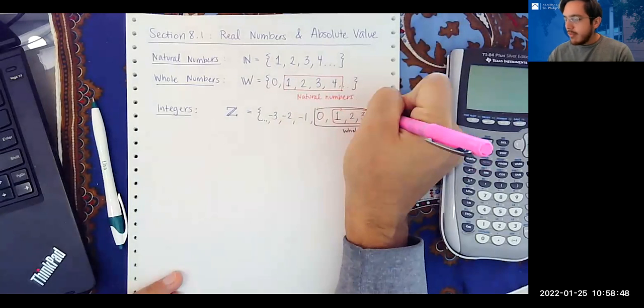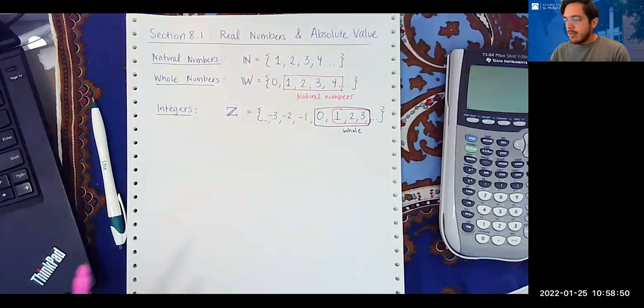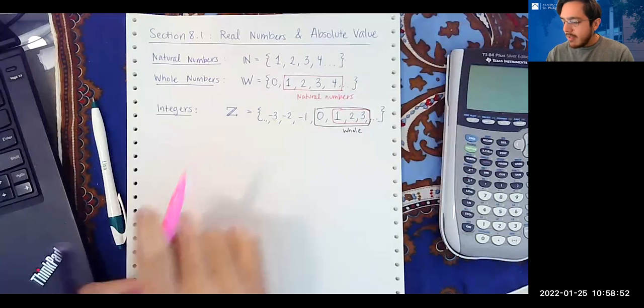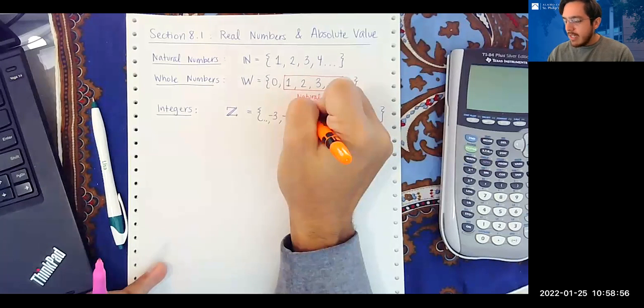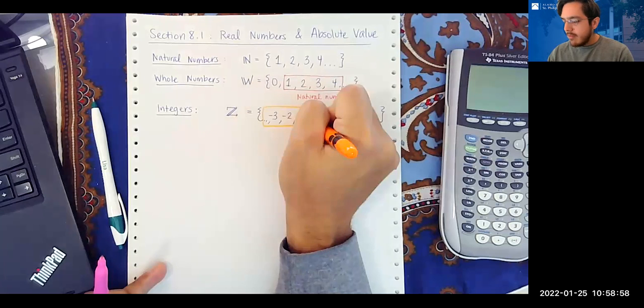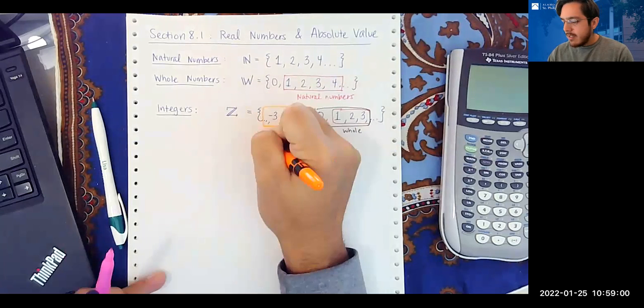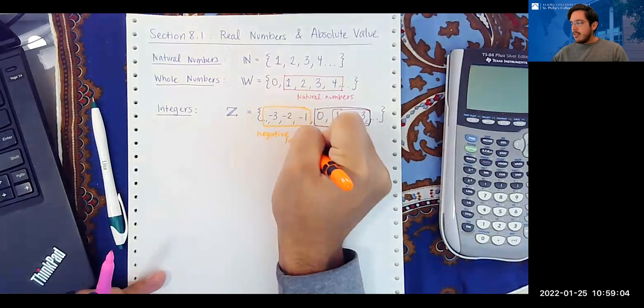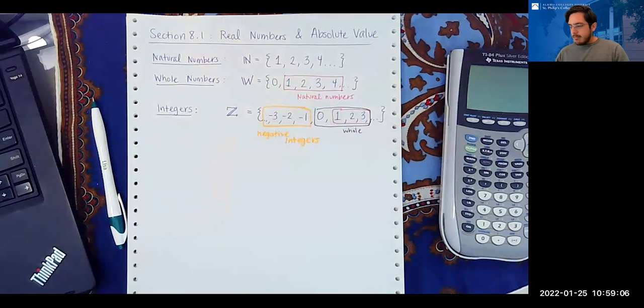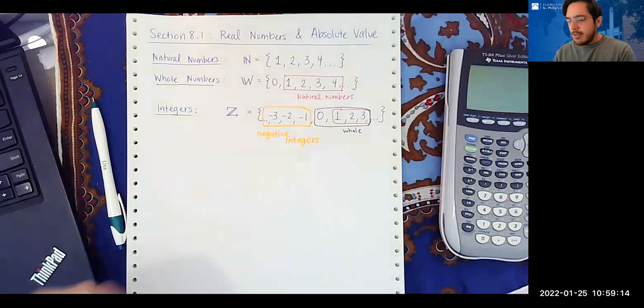And then we have maybe another categorization here, which we might just call the negative integers. And we had to introduce the integers before we could build up to the rational numbers.